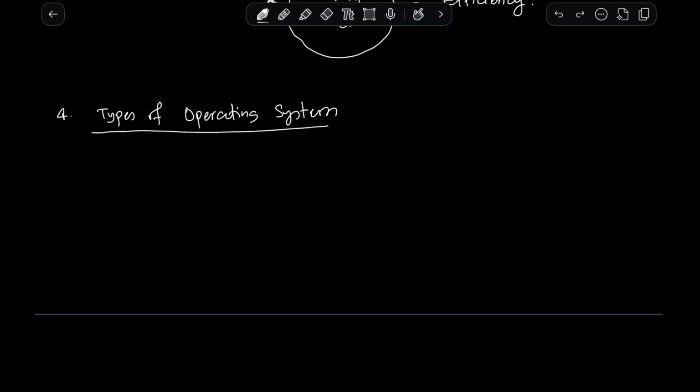So the very first one, let's say, batch OS. Think of it like a simple stack of punch cards. Imagine you're writing a letter, putting it into the mailbox and waiting days for a reply.